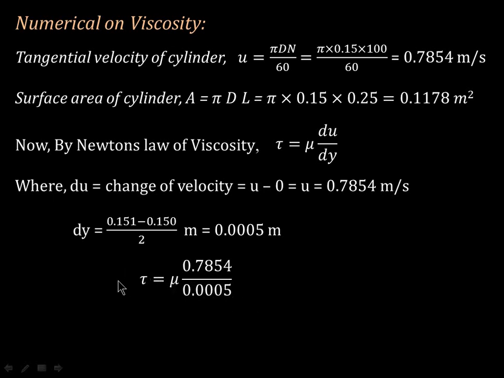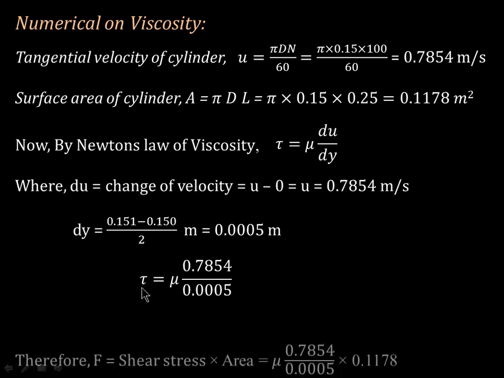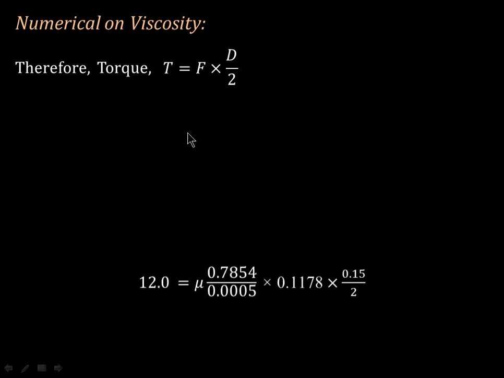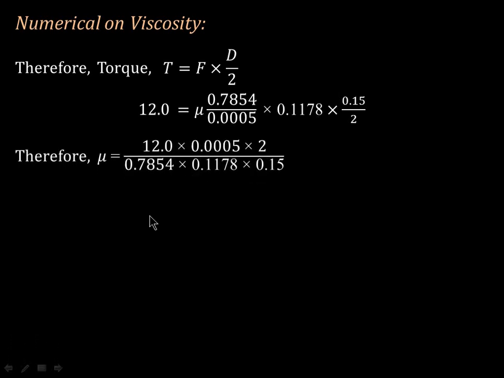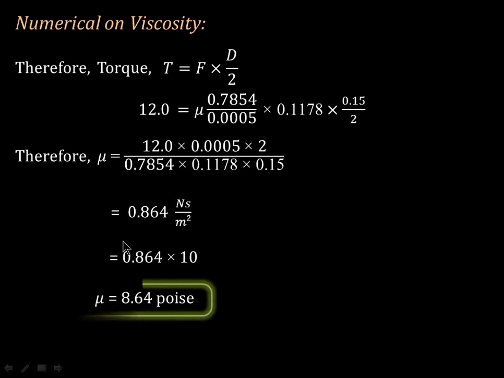We put this shear stress in the formula of shear force, and then put the shear force in the formula of torque in place of F, with torque given in the question. That is mu into 0.7854 divided by 0.0005 into 0.1178 into d by 2. After simplification we got the final value of mu as 8.64 poise. So this is how the question is solved.